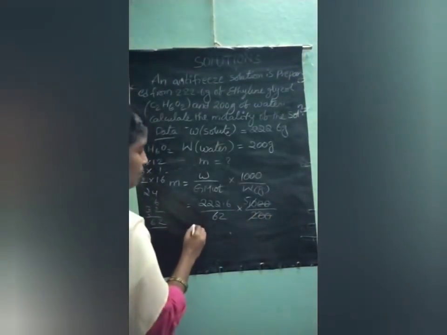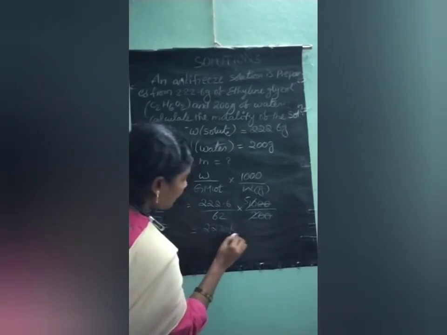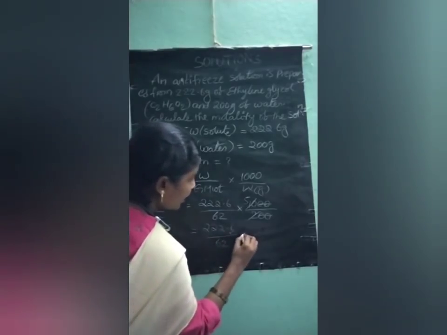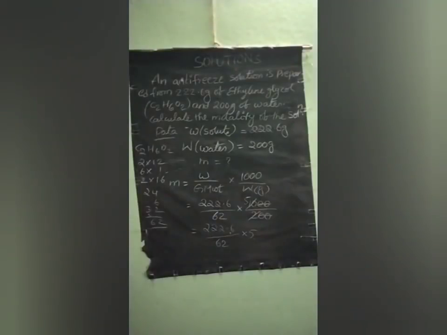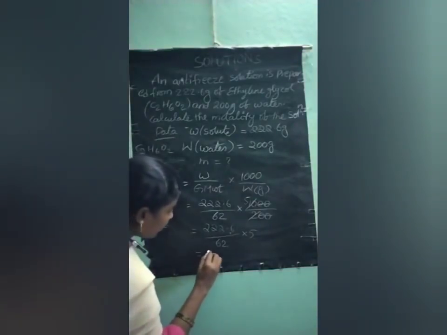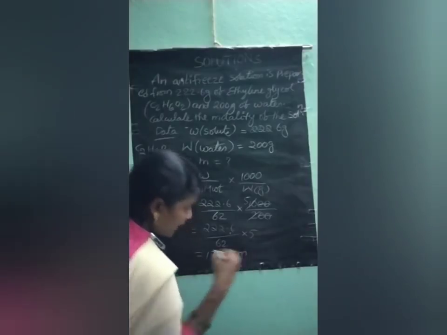So by simple calculation we get 222.6 by 62 into 5. By the multiplication, the final answer is 17.95. So it is the molality.